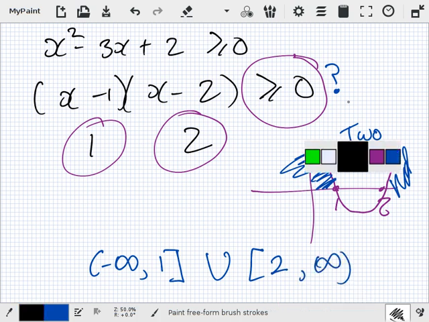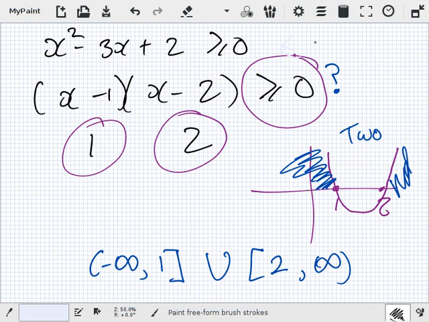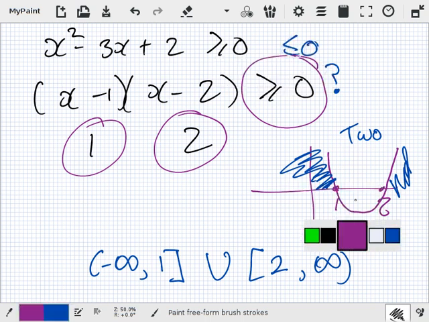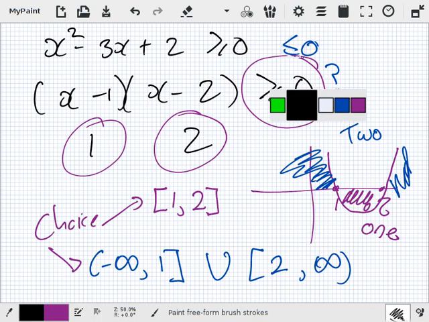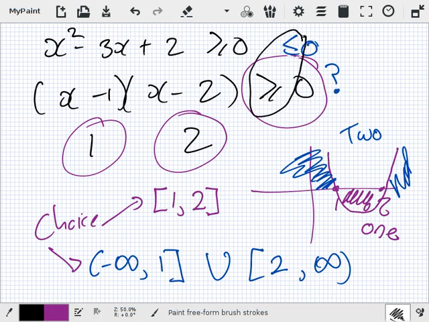Now, if it was the other way around, if it was less than or equal to 0, that is equal to this region, and that's when you would use one bracket, which you would write like this, 1 to 2. So the choice you make between that answer and that answer depends entirely on what's happening here, and you can use a graph to figure it out.